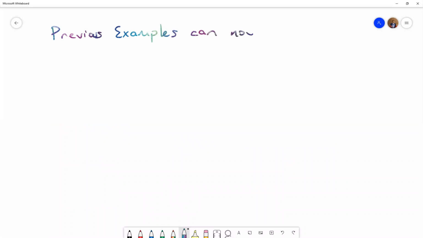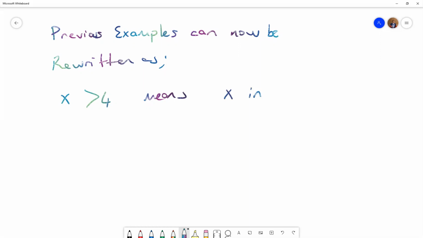This can now be written as we have this one. This means x is in (4, infinity). You know, here is open, and we have infinity open.